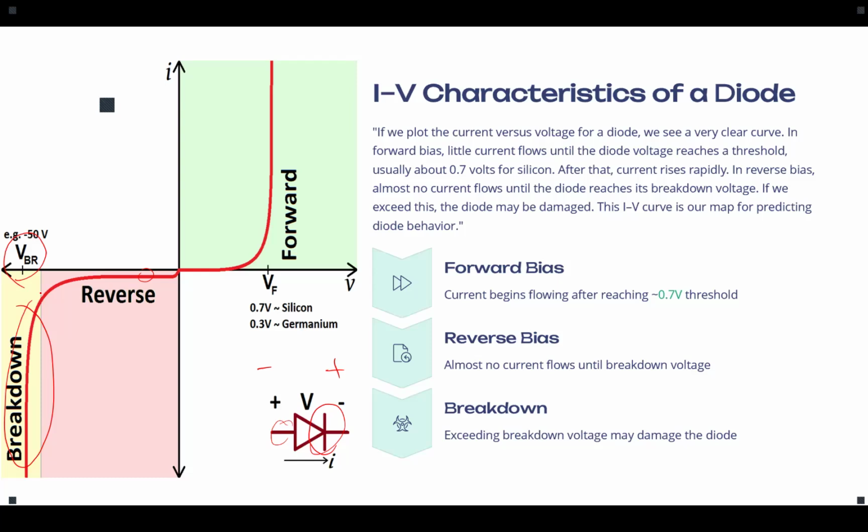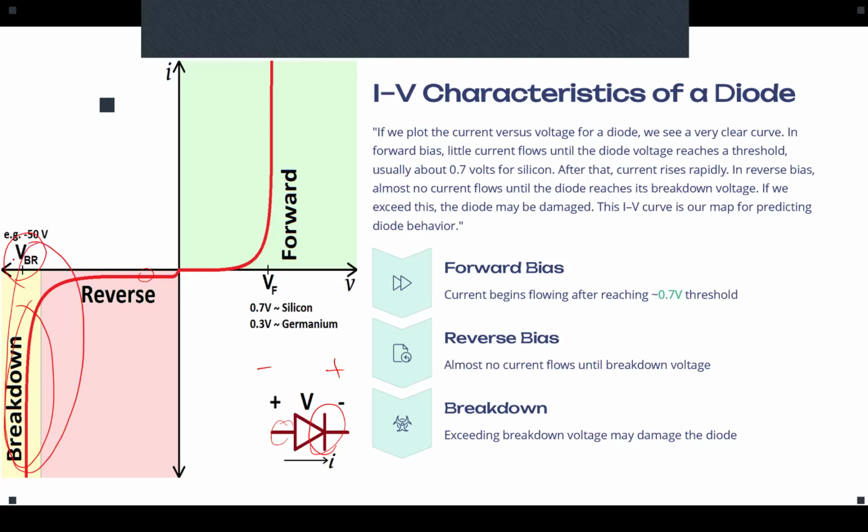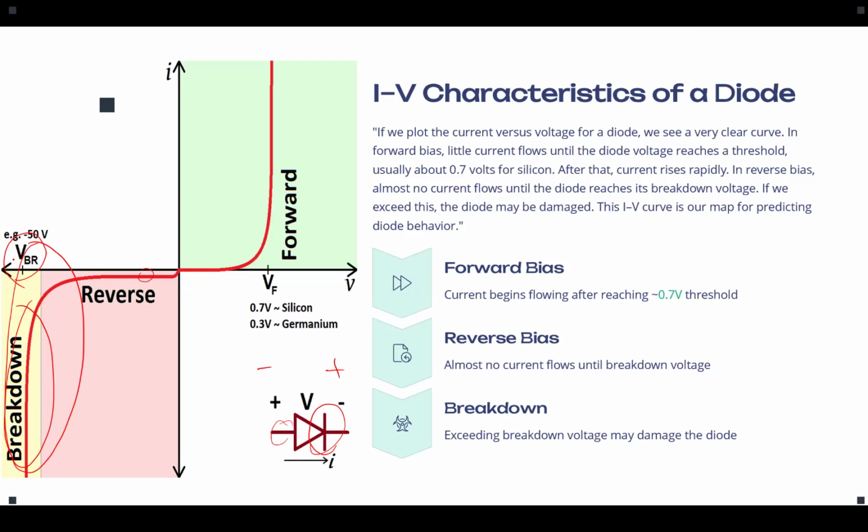When we talk about the general diode, we want to avoid this region. We don't want to even get near that region. So when you're using the diode in a reverse bias, be careful. You don't want to get even close to that breakdown voltage.